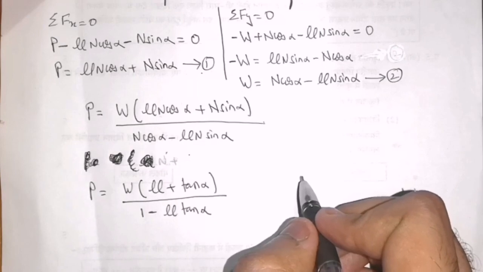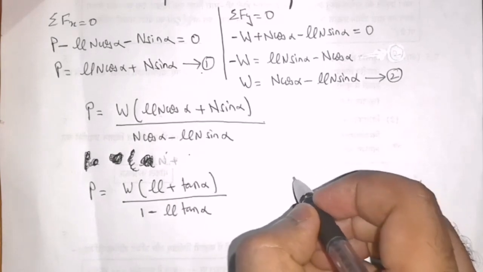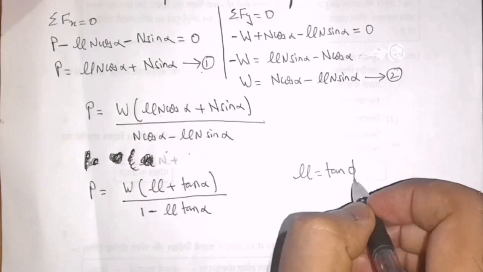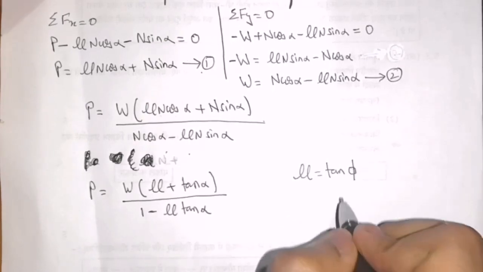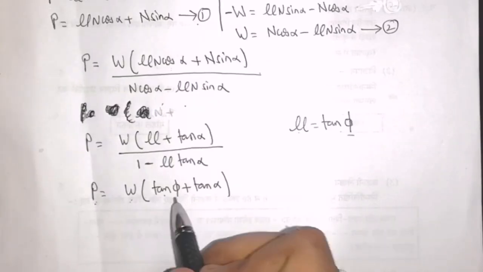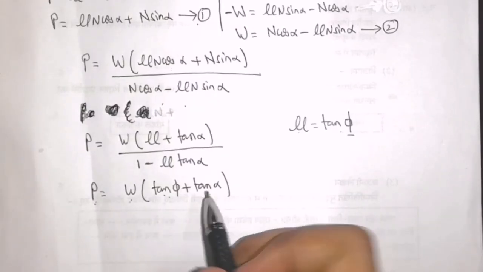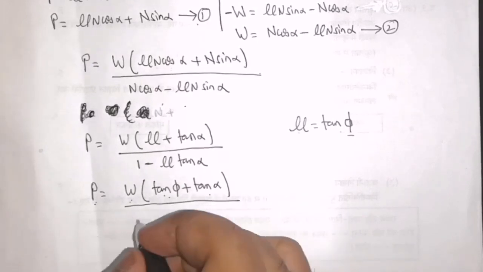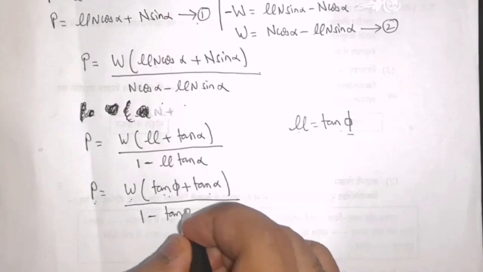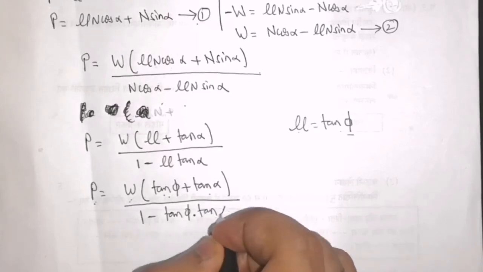Now from the basics of friction, we know that mu is equal to tan phi, where phi is the friction angle. P is equal to W into tan phi plus tan alpha divided by 1 minus tan phi multiplied by tan alpha.